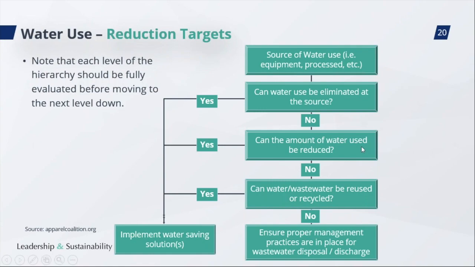But you can also move forward to the next question. Can the amount of water used be reduced in some way? And can water or wastewater be reused or recycled? And then, of course, you also need, in any case, to ensure that proper management practices are in place for wastewater disposal and discharge. So those are several questions that you can ask yourself at each and every process in your facility that uses water.